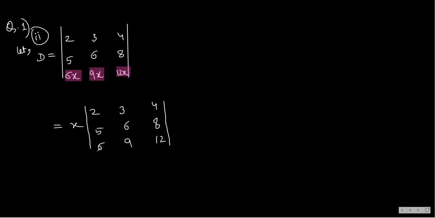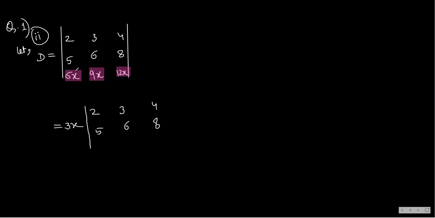I have 3 common in each element of R3. See, this is 3 into 2, this is 3 into 3, and this is 3 into 4. I can take 3 common also, right? So instead of x, I take 3x common.